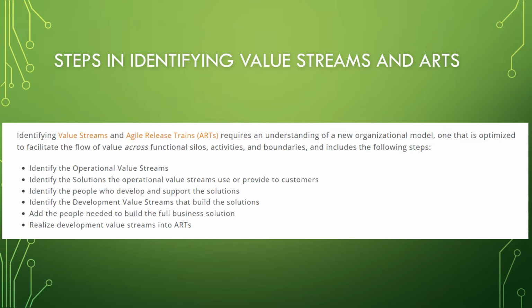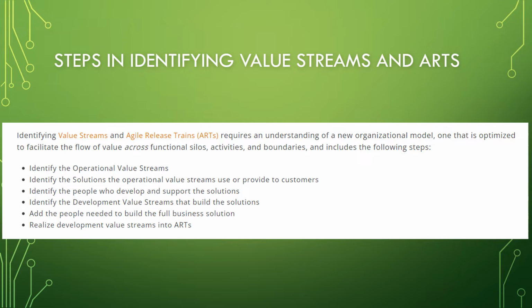Identifying value streams and ARTs requires an understanding of your organization model and your business model that is optimized to facilitate the flow of value across the functional silos and boundaries. A value stream can cut across many departments before it delivers the value to the customer.